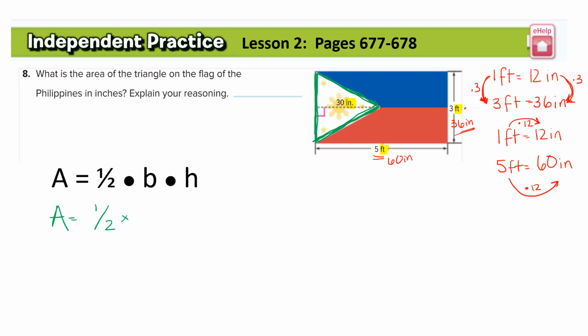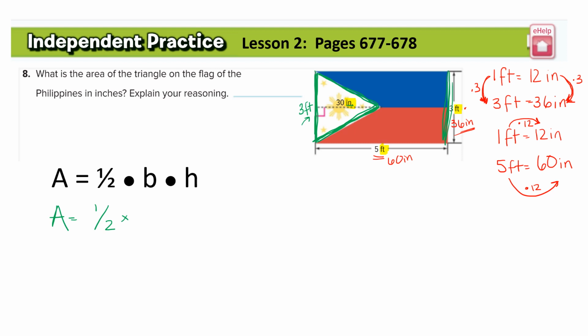So the base of my triangle is here, but I don't see a measurement. Well, I know that this is a parallelogram, the rectangle, and opposite sides of a parallelogram are congruent. So if this side is 3 feet, then this side is 3 feet.